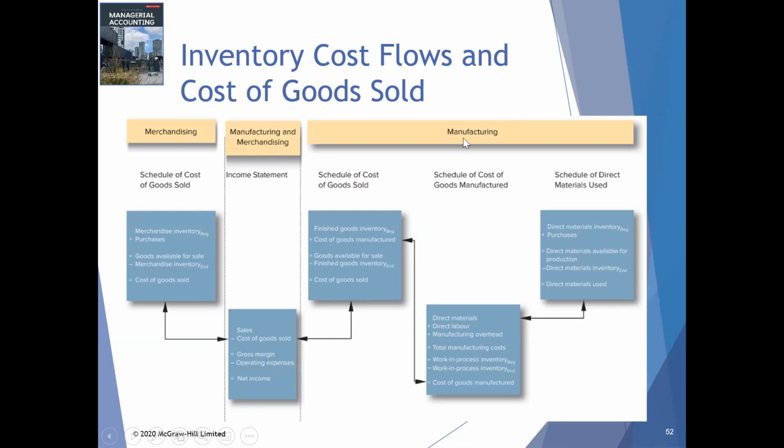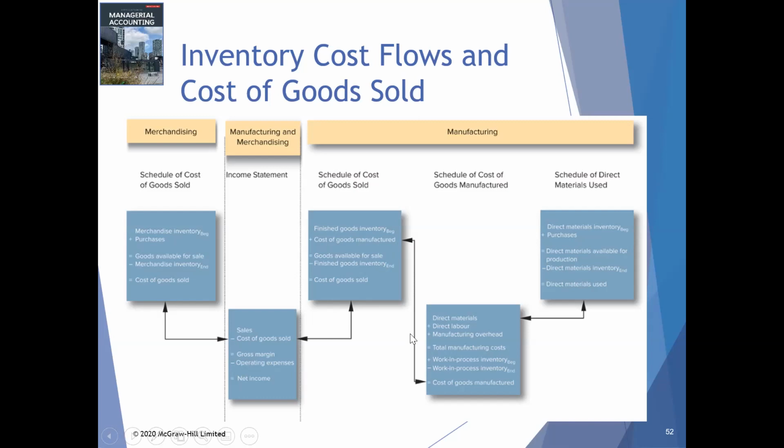If we talk about the manufacturing unit, a schedule of cost of goods sold is prepared just like the same: finished goods inventory, the beginning, plus cost of goods manufactured is equal to goods available for sale, minus finished goods at the end is equal to cost of goods sold. So in this way the cost of goods sold will be calculated.